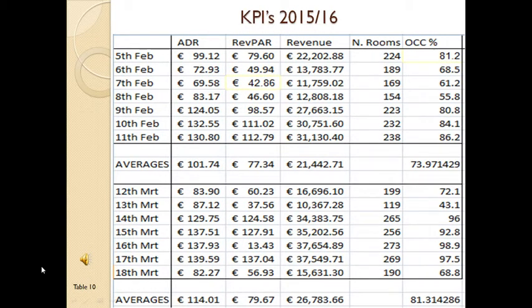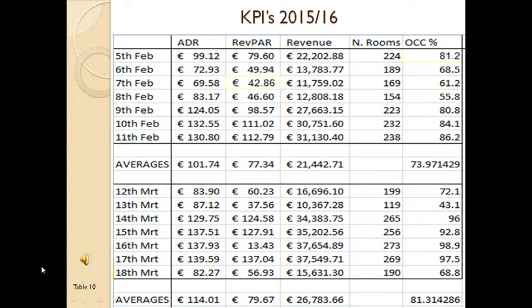For further evaluation, the key performance indexes for previous periods are calculated using the data from the sheets provided by NH. In specific, using the forecasted occupancy percentage per day and the average daily rates. On this first slide, we can see the key performance indexes calculated for both weeks, in February and in March.